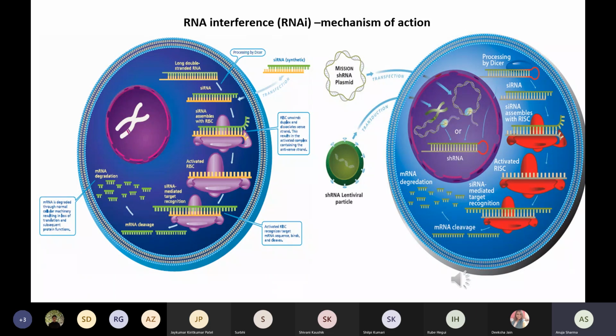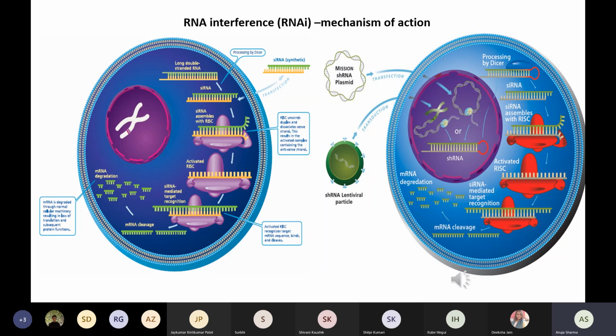The endogenous enzyme Dicer first cleaves a long double-stranded RNA into smaller fragments and forms siRNA. This siRNA then associates with an RNase-containing complex to form the RISC, the RNA-induced silencing complex.